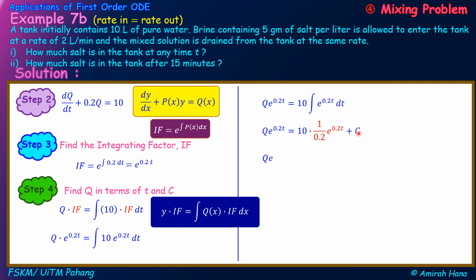Then we have Q e to the power of 0.2t equals, we simplify 10 over 0.2, so we get 50 e to the power of 0.2t plus c.